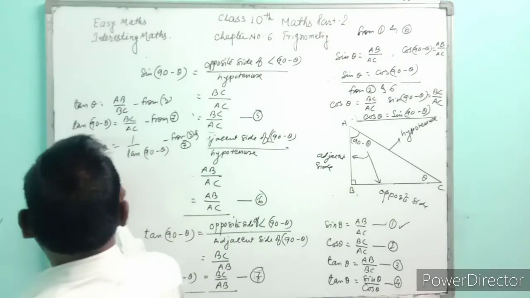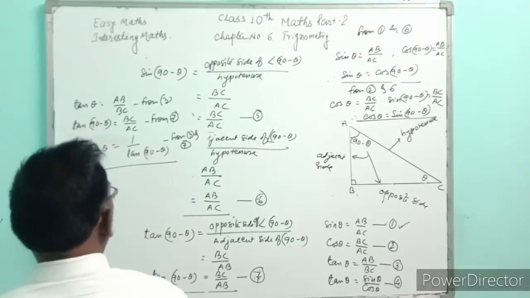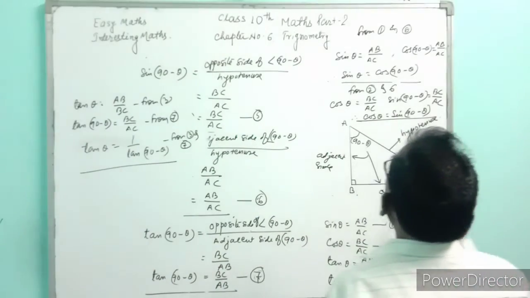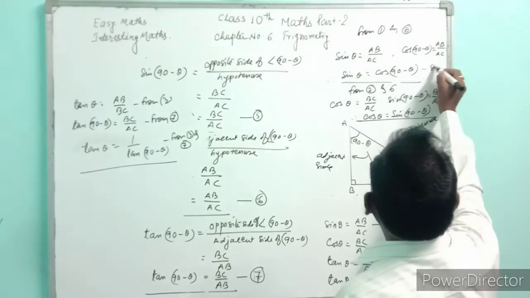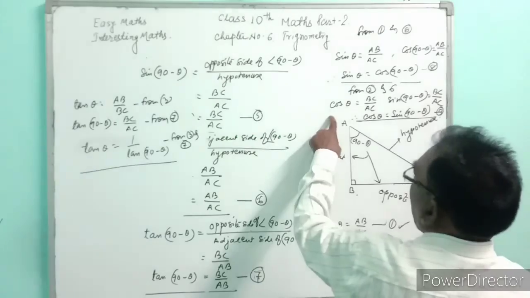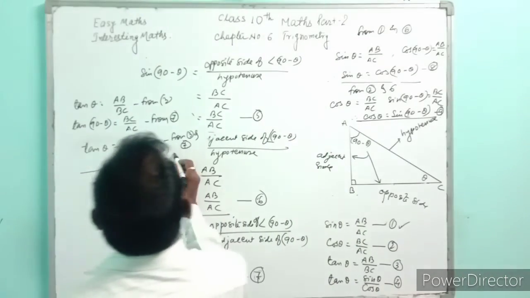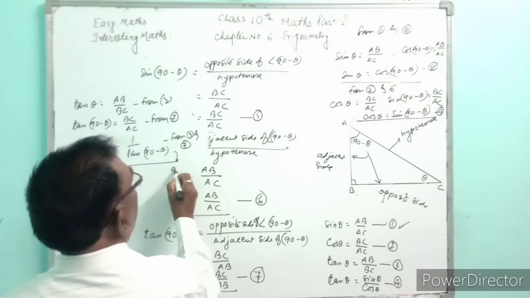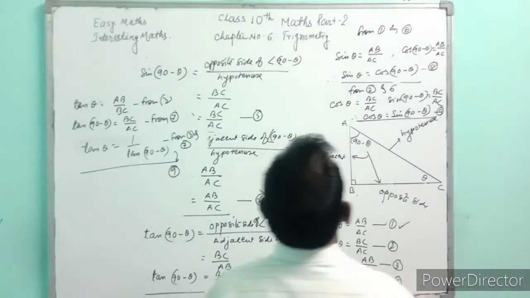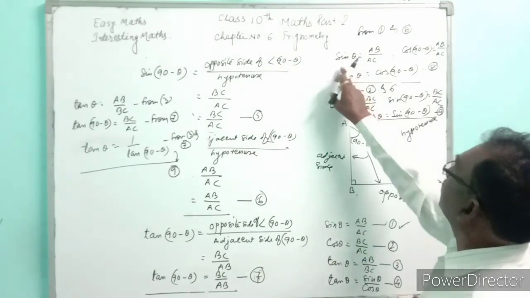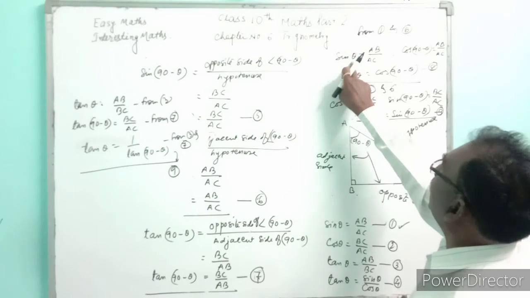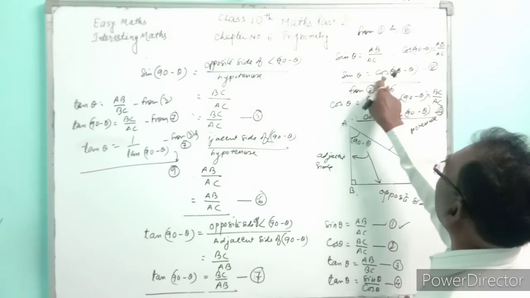This is formula number 8. This is formula number 9. In this way, we can find the formulas: sin 90 minus theta is equal to cos theta.